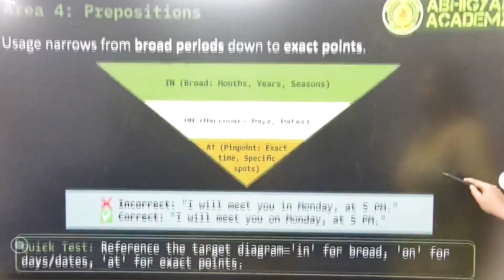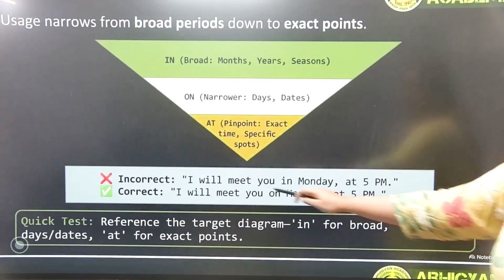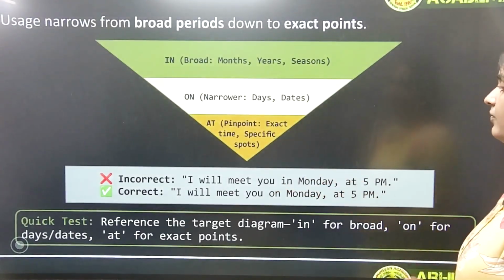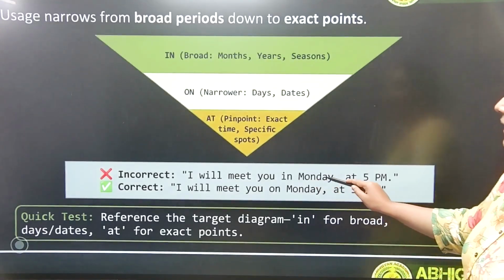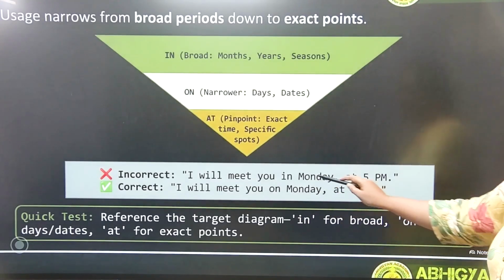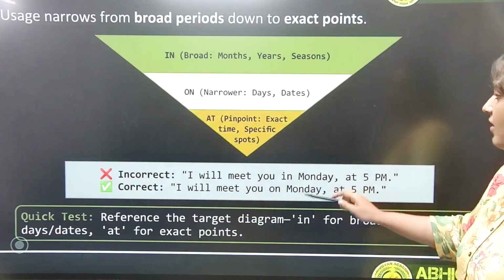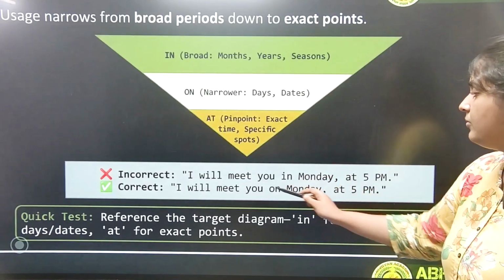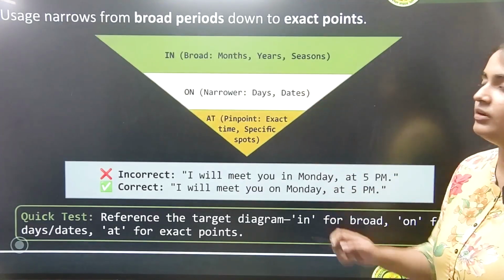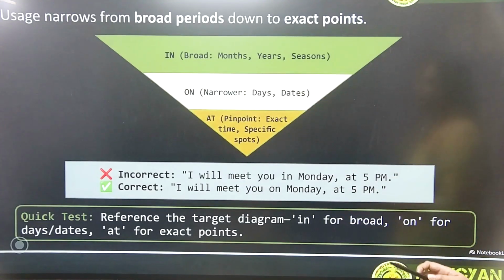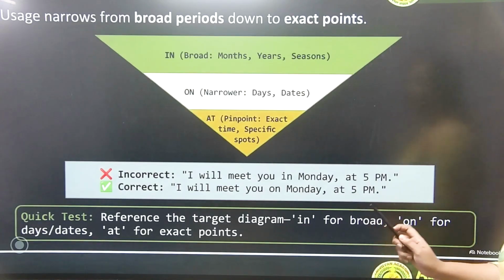Next is prepositions. I will meet you in Monday at 5 p.m. This seems correct. But the thing is, Monday is a bit more narrow. Days, dates and all. तो वो हो जाएगा I will meet you on Monday. In हम कब use करेंगे when it's a bit more broader, say months. I will see you in the month of July.